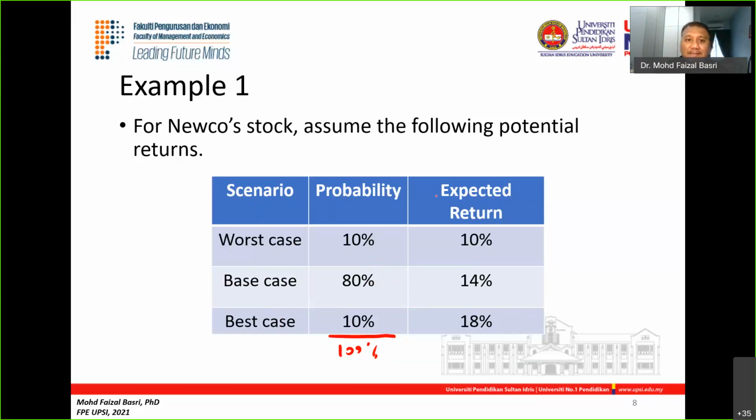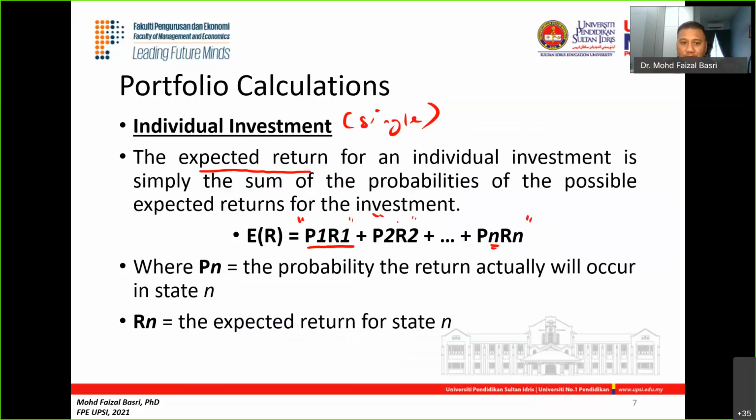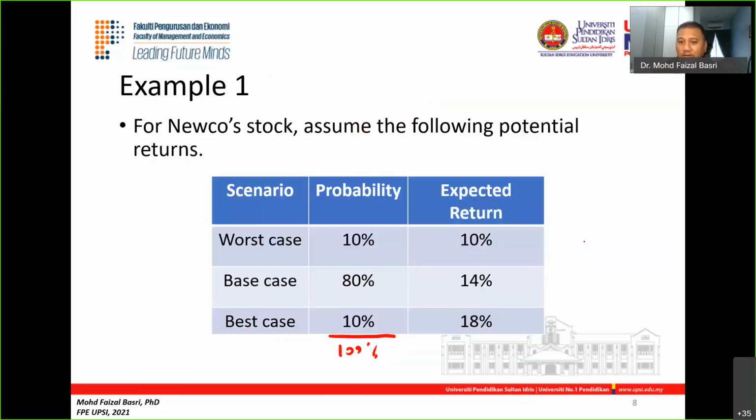To find the expected return, you can use this formula, or you can extend your ER here by multiplying the probability and the return respectively.